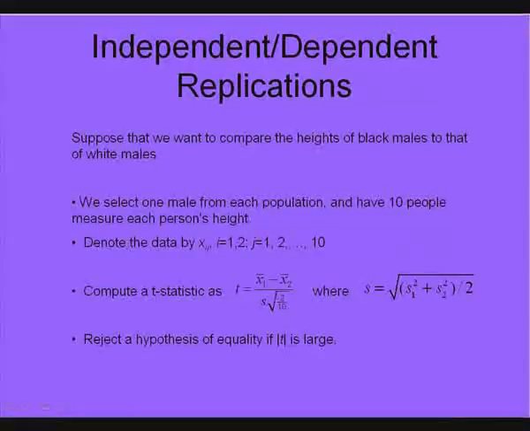We select one male from each population of blacks and whites, maybe we're doing this at K-State, and we have 10 people measure each person's height. We denote the data by Xij as i goes from 1 to 2, and j goes from 1 to 10. We compute the usual t-statistic, and if the t-statistic is large, we decide that there's a significant difference between black males and white males.